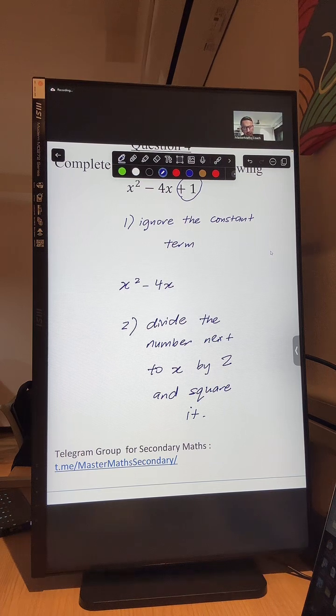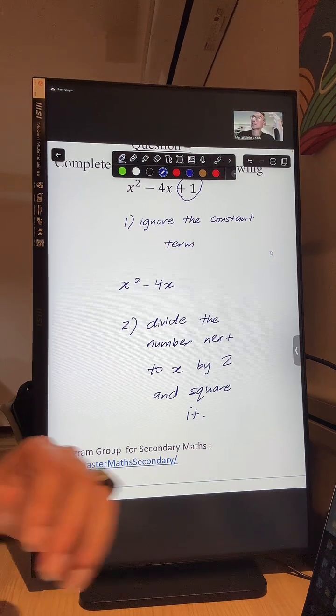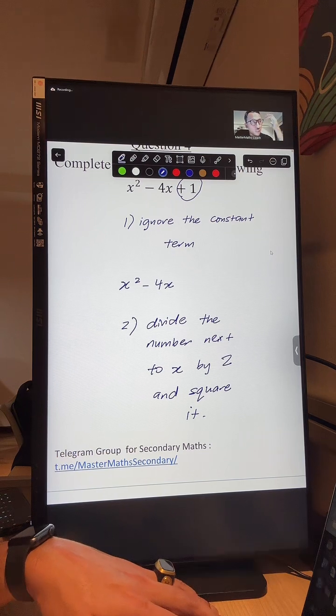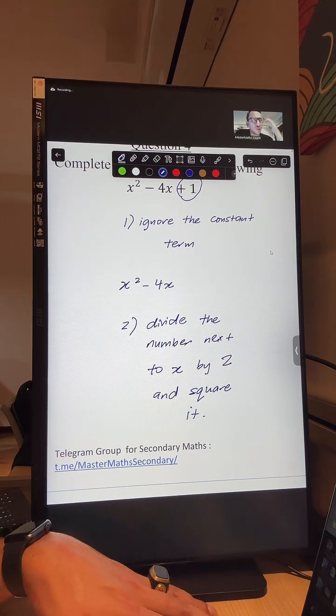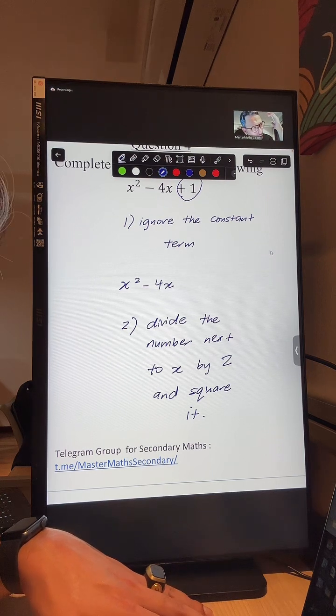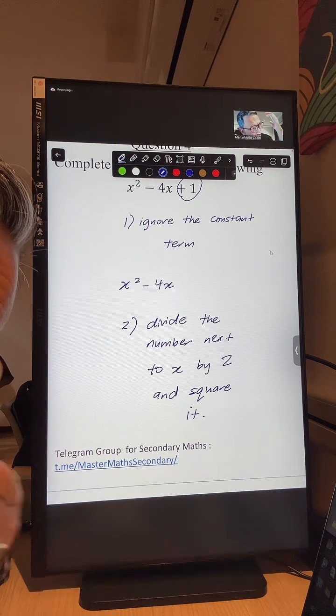So, guys, negative 4, I divide by 2, I get negative 2. Then negative 2 now I need to square. What happens when I square negative 2? Who can tell me? What do you get when you square negative 2? Anybody?